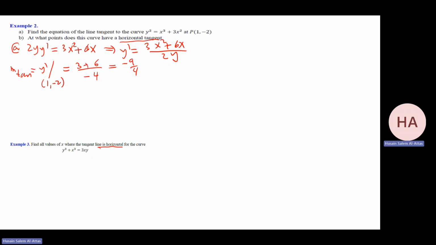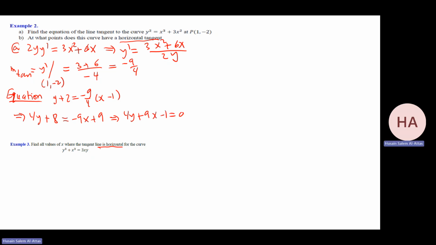The equation will be y plus 2 equal minus 9 over 4 times x minus 1. Multiply by 4. You get what? 4y plus 8 equal minus 9x plus 9. That implies 4y plus 9x minus 1 is equal to 0.